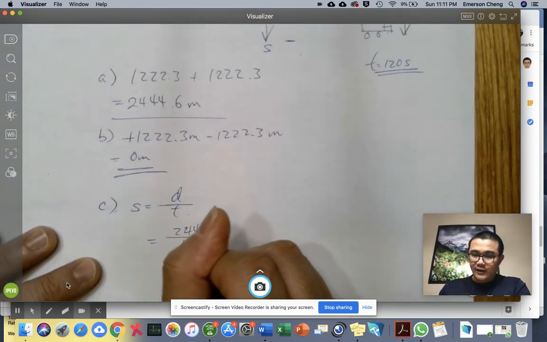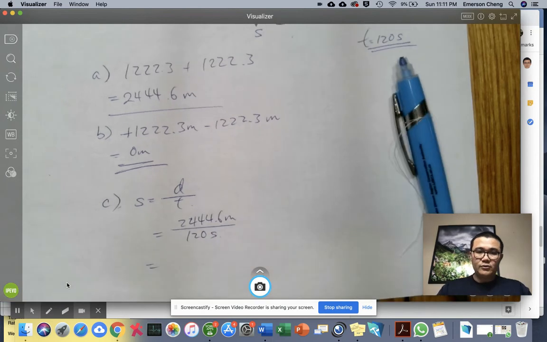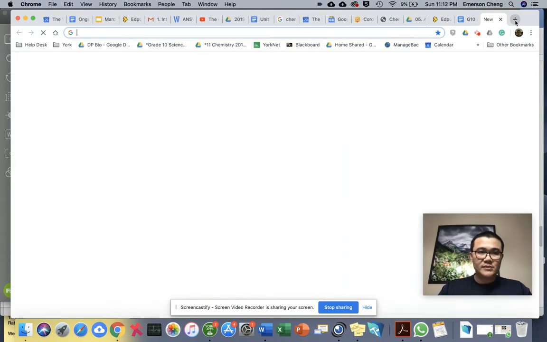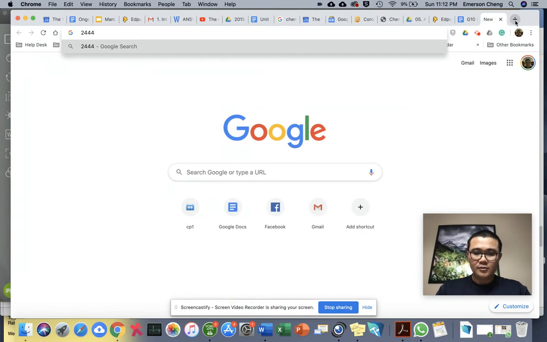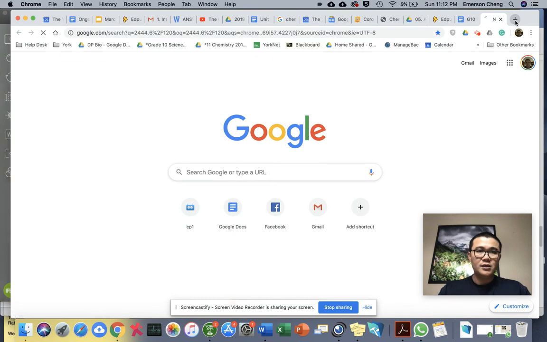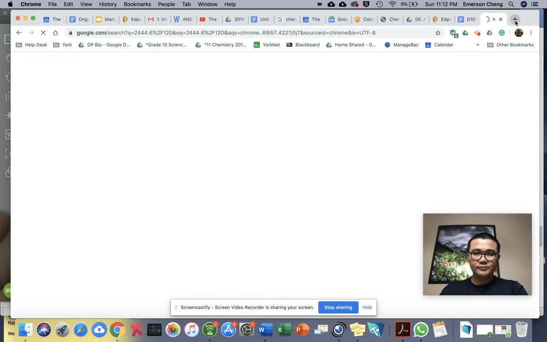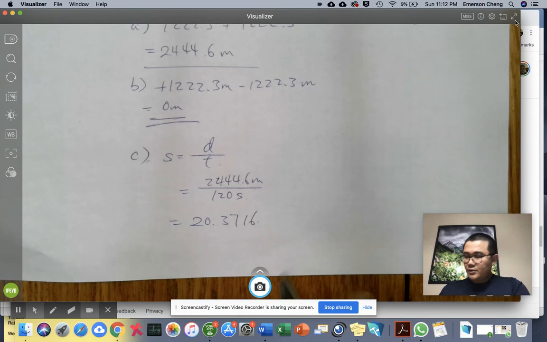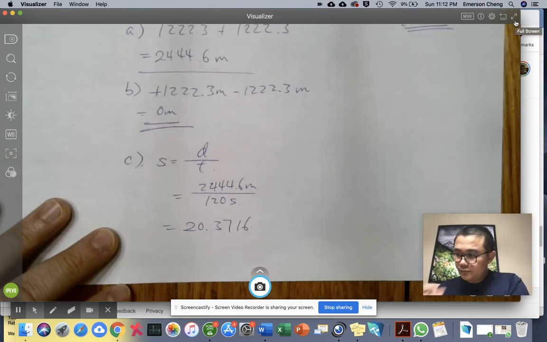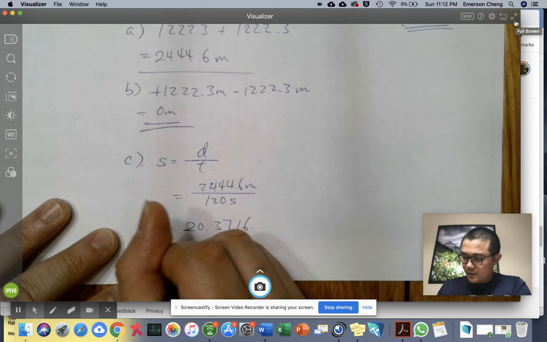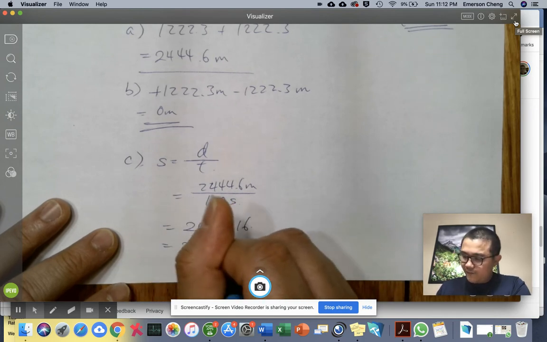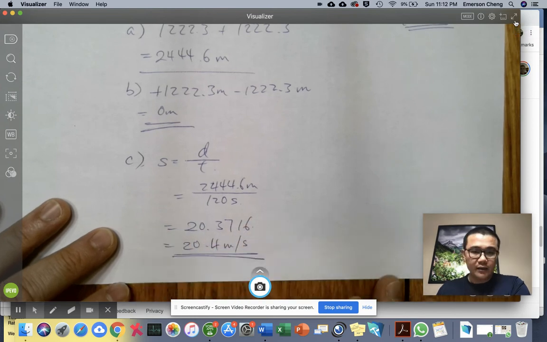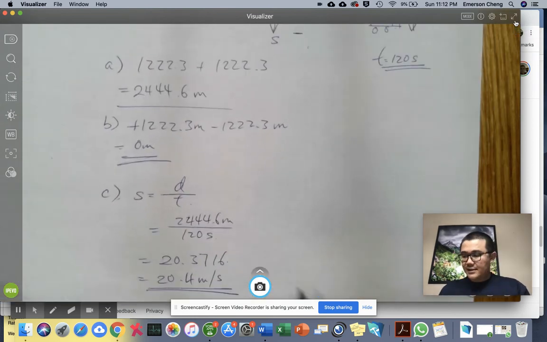You divide 2444.6 by 120, which should give you 20.3716. Since it's one decimal place, let's keep one decimal place. So it's 20.4 meters per second. Now, that's C.